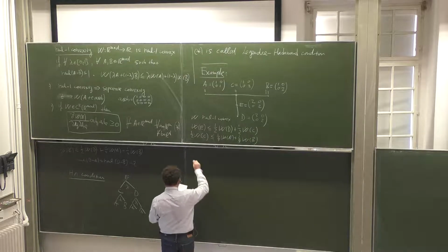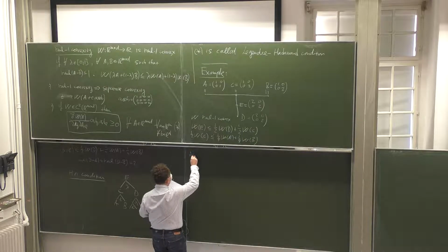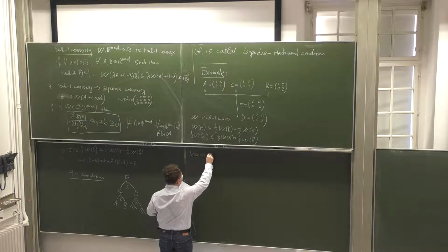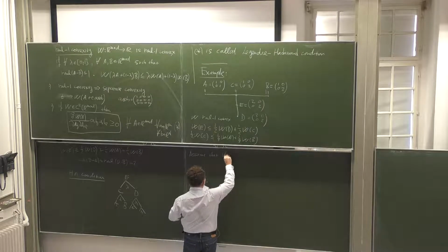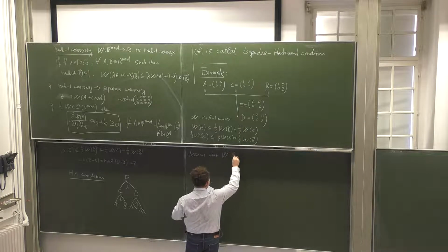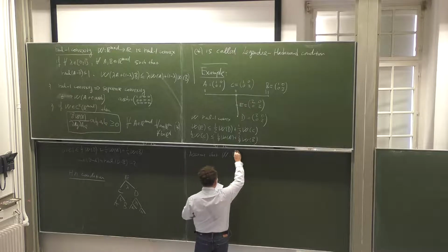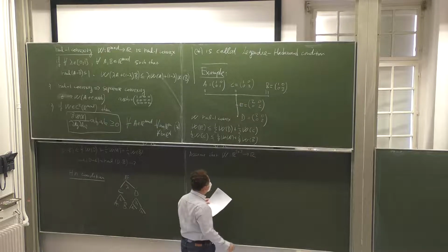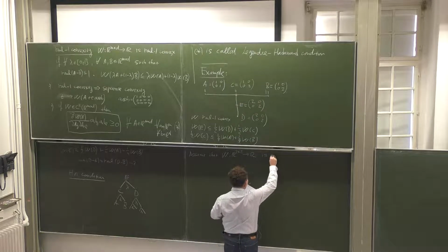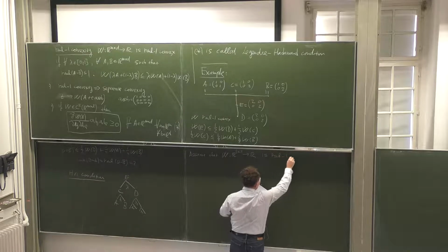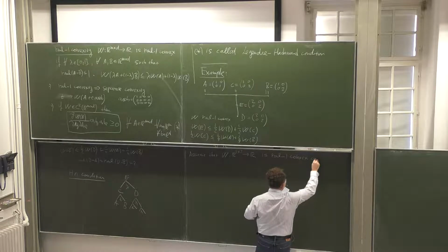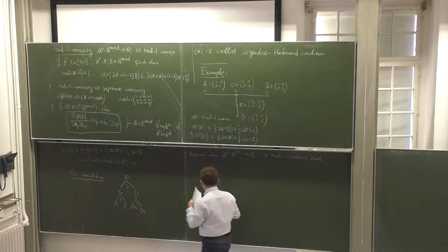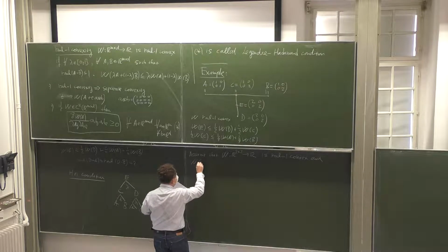So assume that W, now let me do it 2 times 2 to R, is rank 1 convex, and it's even worse, it's non-negative.